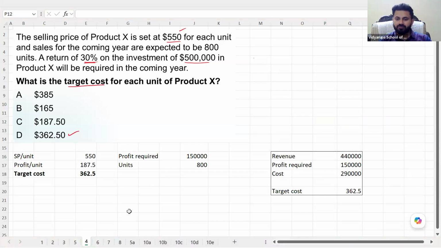Please do confirm. Is this clear? Thank you. Anybody with a doubt? Are we all good? Thank you.